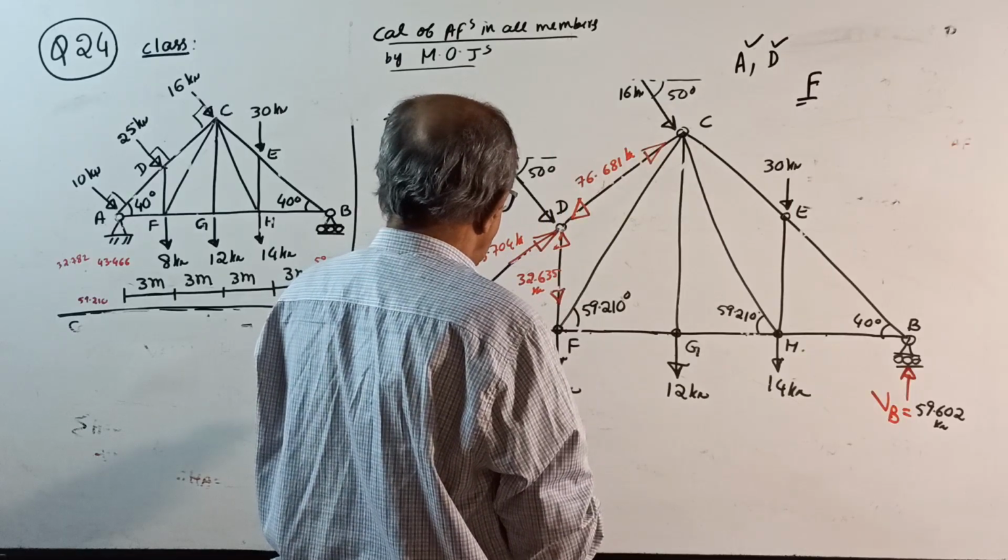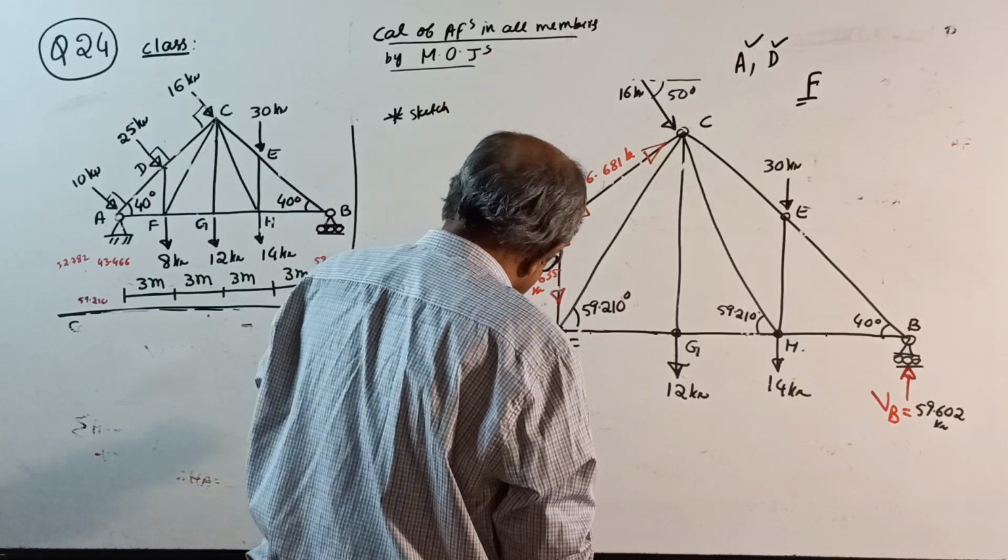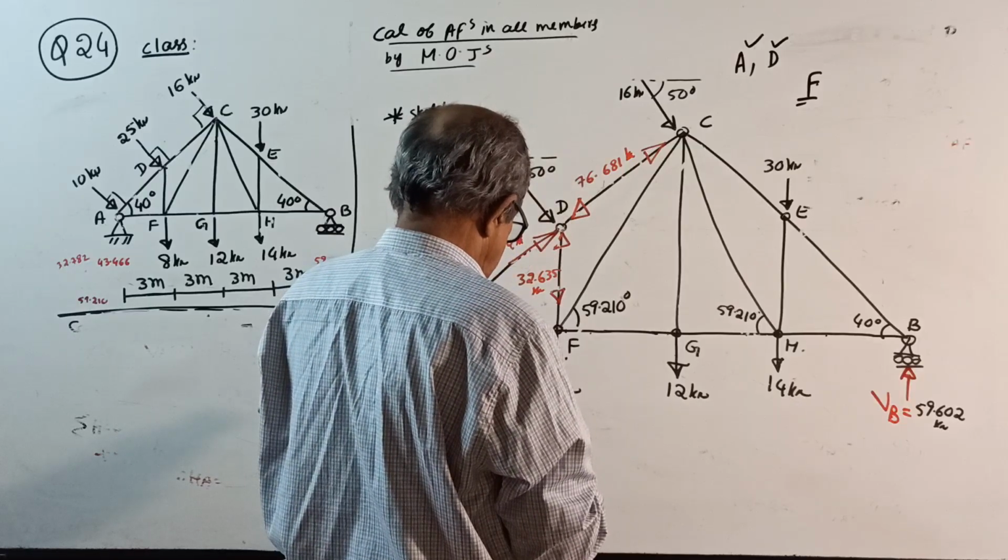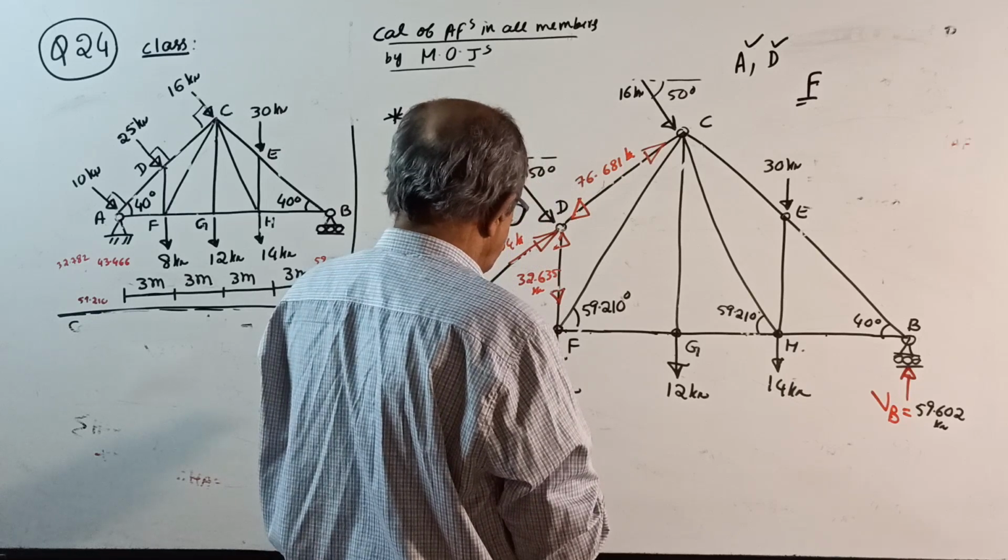32.635 vertical first, set 32.635 plus 8 divided by sine 59.210.